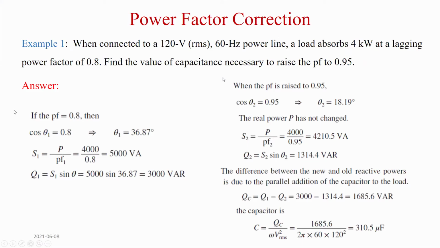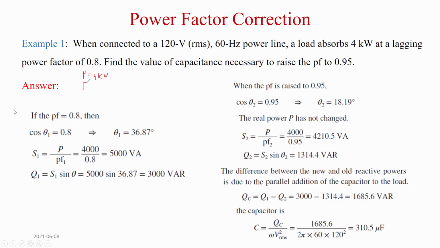Let's look at this question. Now, we don't have to follow all this. 120 volt, 60 hertz, load 4 kilowatt, lagging power factor. We want to improve the power factor to 0.95. So we have P equal to 4 kilowatt.